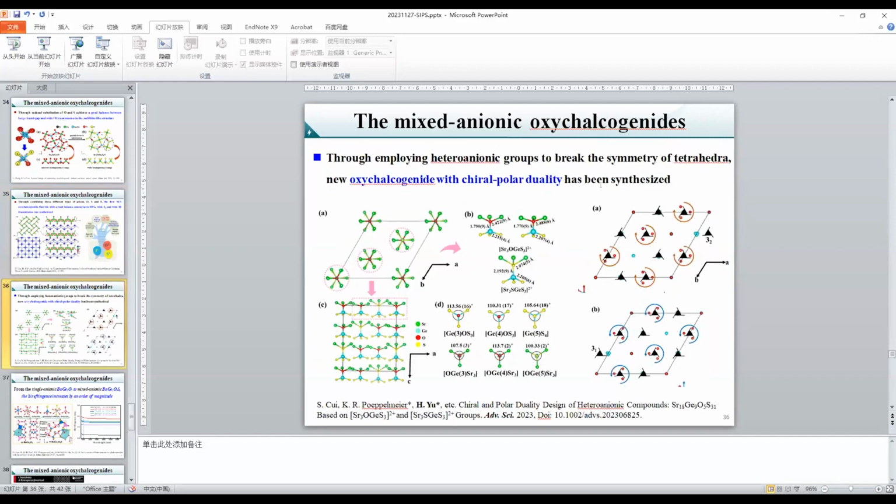And recently we use mixed anionic groups to break the symmetry of the tetrahedral building units. We synthesize a new oxychalcogenide with triple and polar duality.